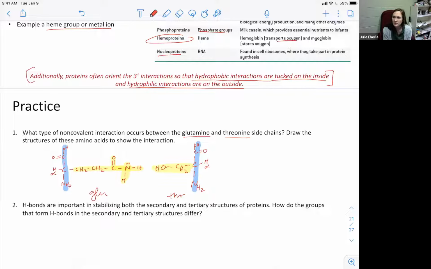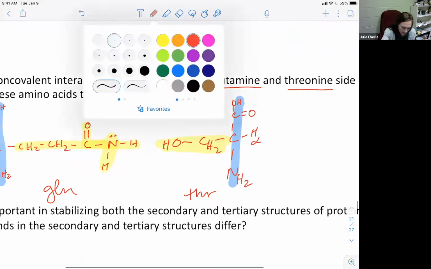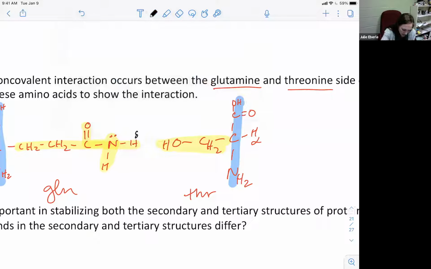Anybody have a guess? Is it hydrogen? Hydrogen bonds, because in black, we have this positively polarized hydrogen. Okay, we've got the lone pairs on oxygen. And guess what? This hydrogen on the OH group of threonine is also positively polarized.